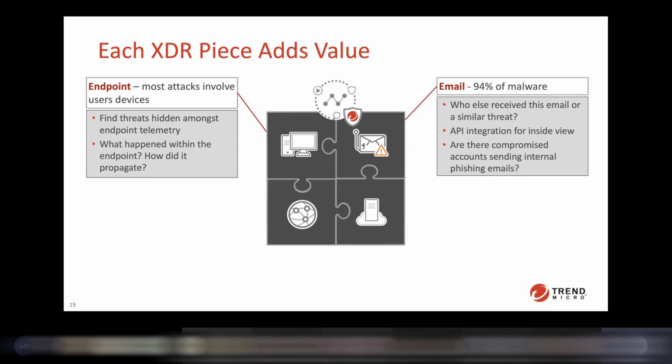So we could correlate these two things. We could find, for example, who got the email that was related to the attack, and then we could easily go to the appropriate endpoints.